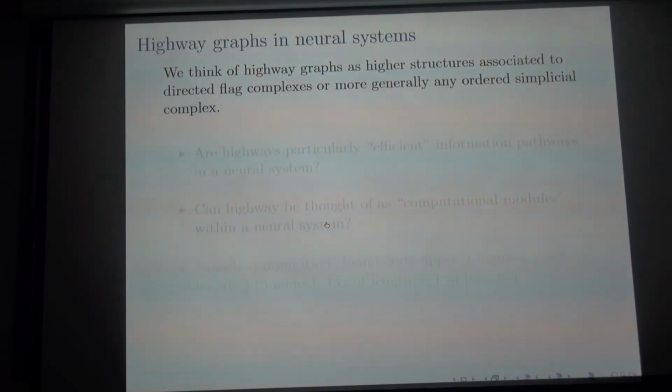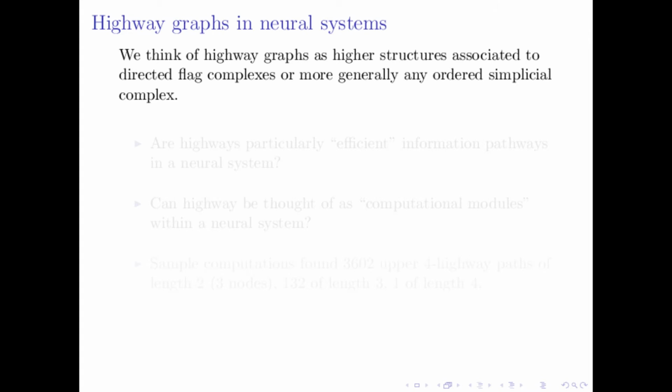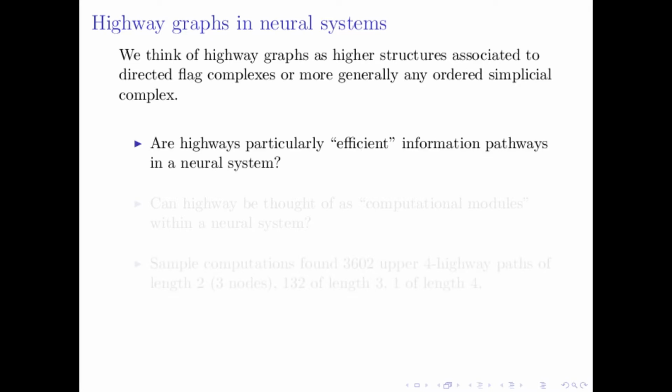Right. So, why would we think about it? Well, as I said, we want to extract higher structures. We want to extract information about flow in directed flag complexes, more generally in any ordered simplicial complex. We could ask questions like, are highways particularly efficient information pathways in a neural system? This is something we can actually check, either in an artificial neural system or with some luck, if we manage to program this in the Blue Brain reconstruction.